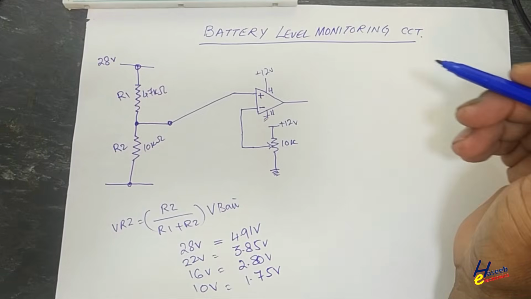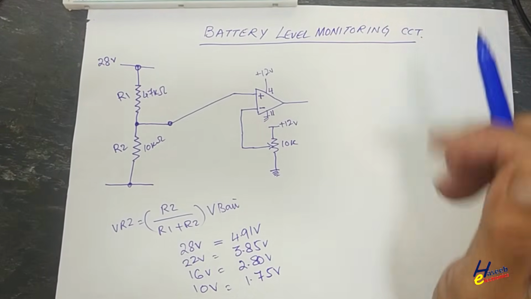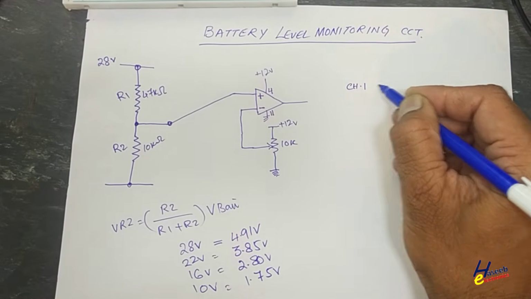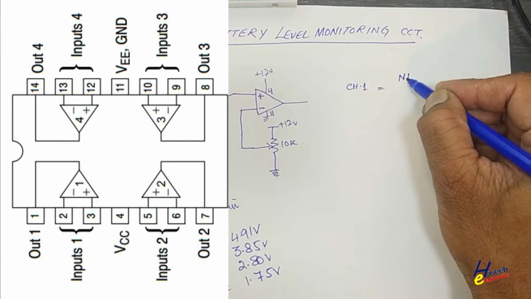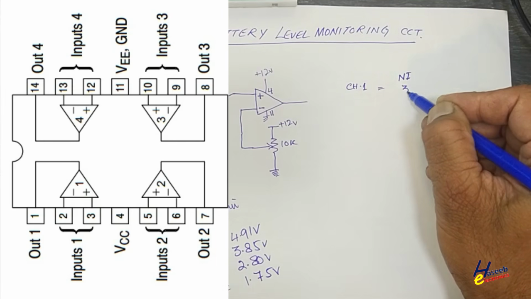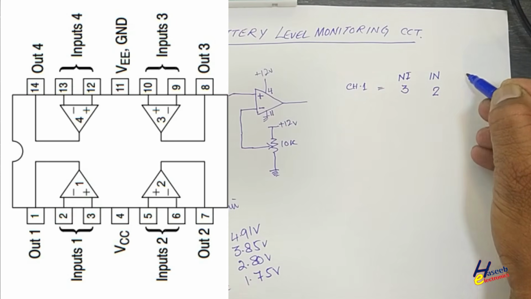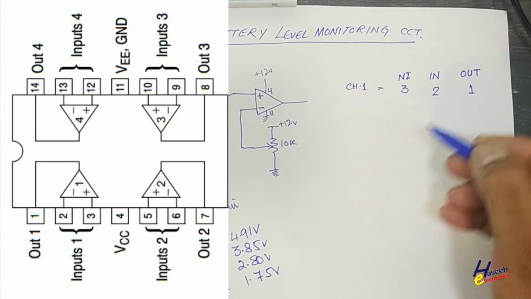This is one section. If we are using one channel, because this is 4-channel IC, channel number 1 or operational amplifier number 1, non-inverting input at pin number 3, inverting input at pin number 2, output from pin number 1.